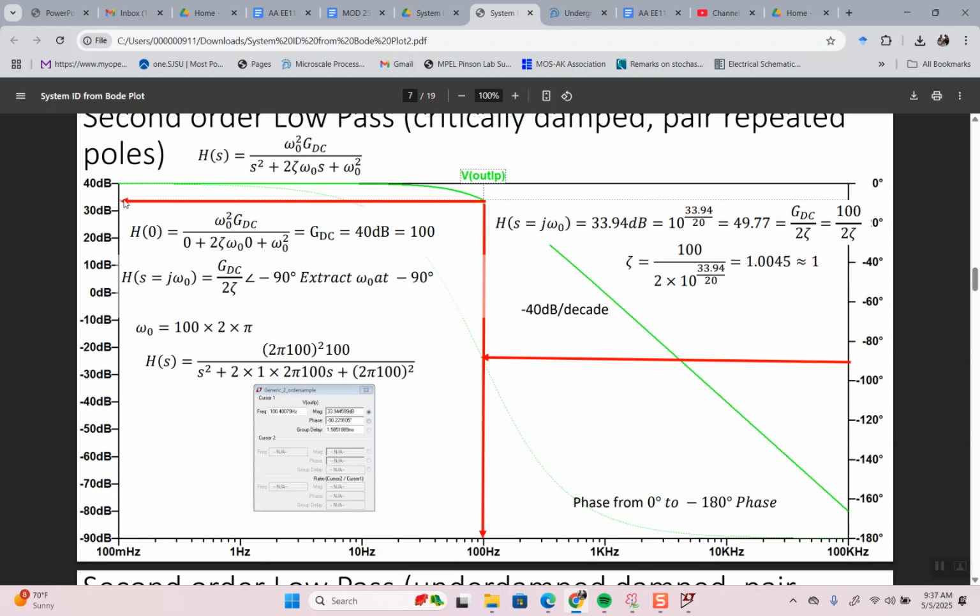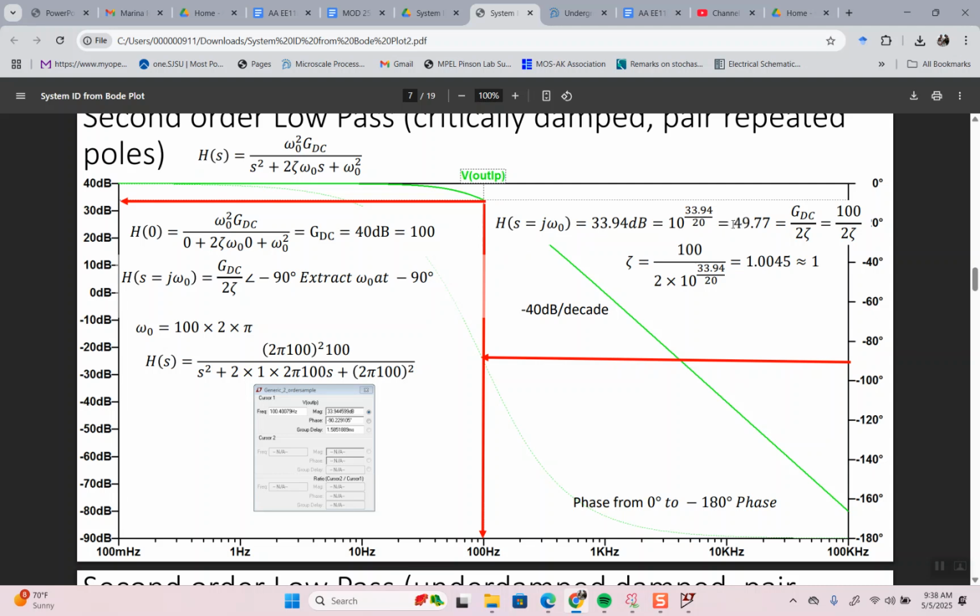Again, all you got to do is draw a line from the flat line at 0 gain, and then draw this slope, and where they intersect is at omega naught. Great. So the gain is still 100. We're extracting at minus 90. And what is the gain at that point?